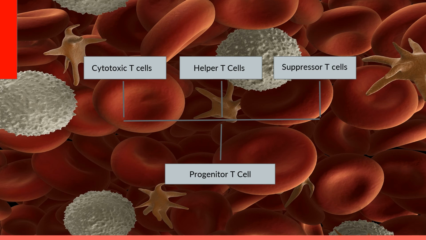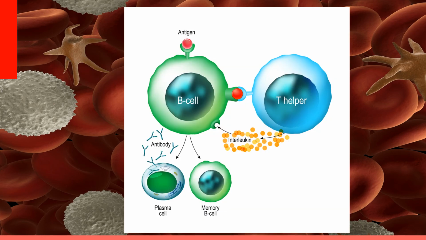T cells also produce cytokines, such as interleukins and interferons, to assist other cells in the immune response. Helper T cells assist in the responses of B cells and other T cells.